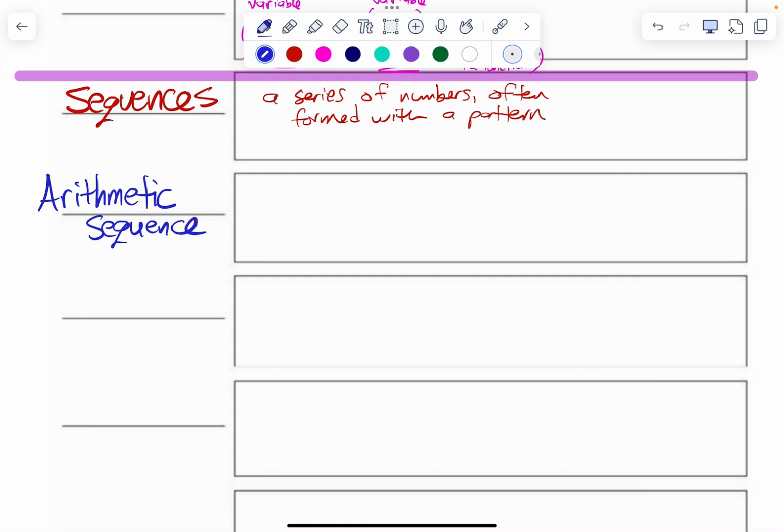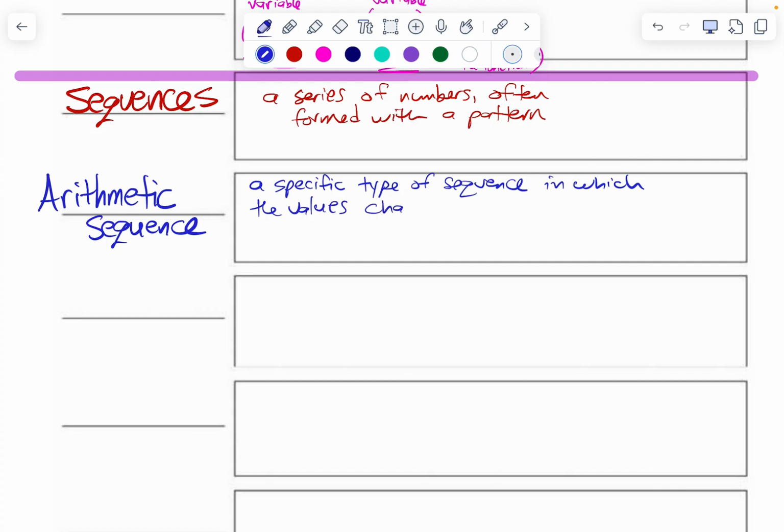All right. So this is now a specific type of sequence in which the values change by a constant amount.